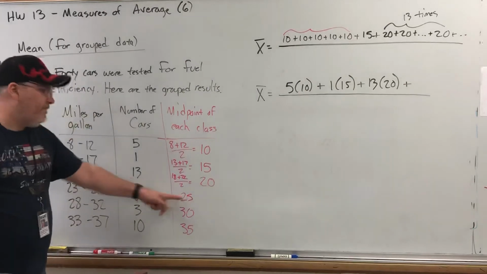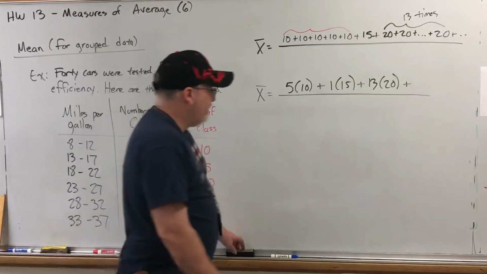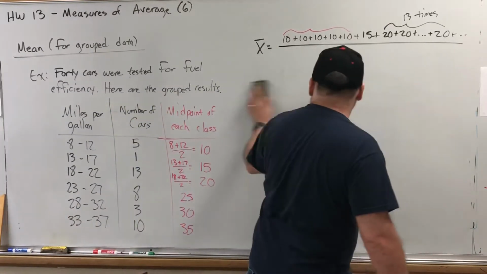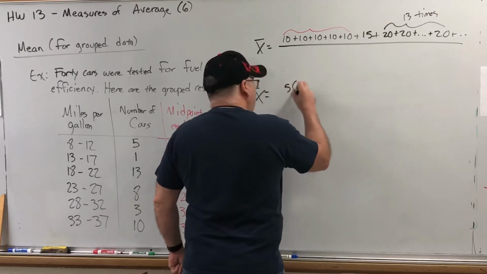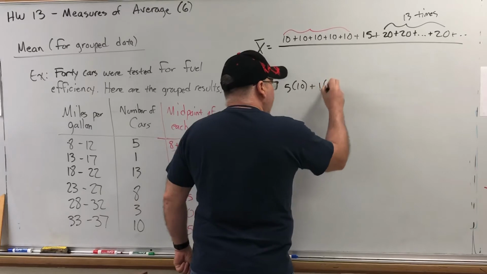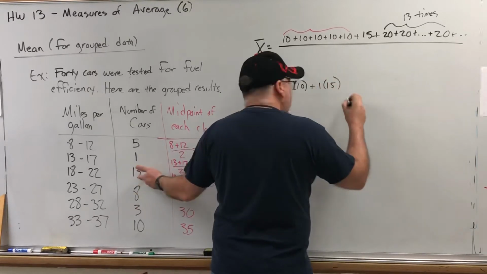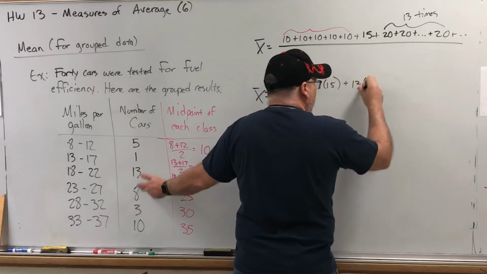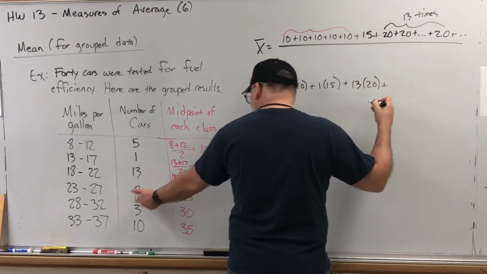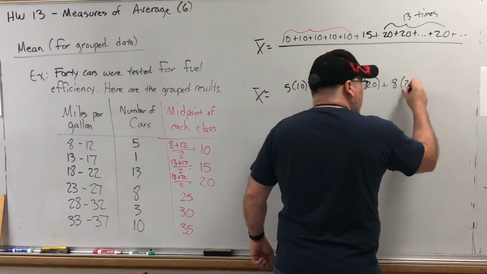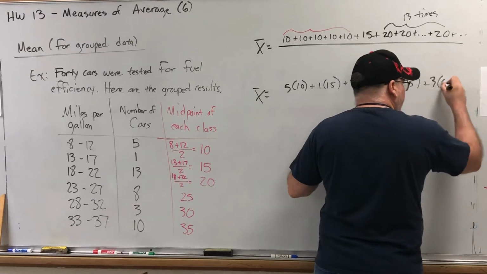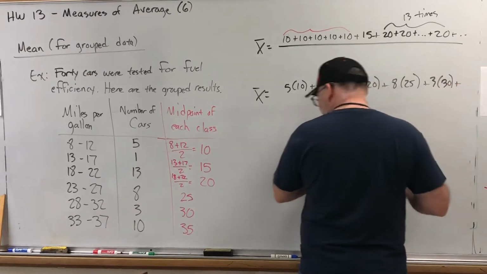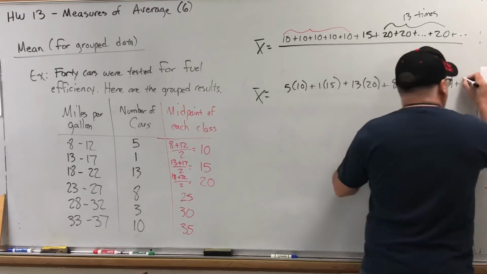We're going to add 25 8 times. I need to write this a little smaller. We're going to add 5 of the 10s, 1 of the 15s, 13 of the 20s, 8 of the 25s, 3 of the 30s, still going to run out of room, and 10 of the 35s.